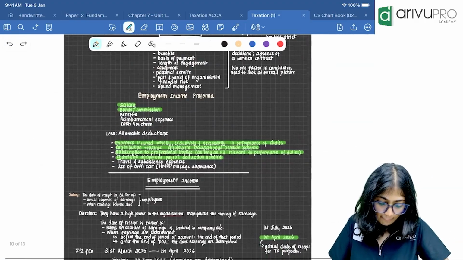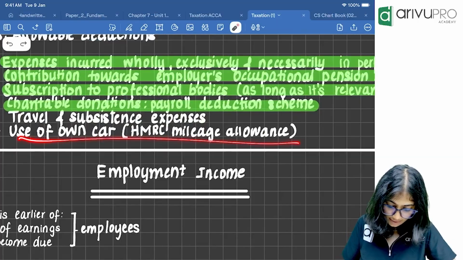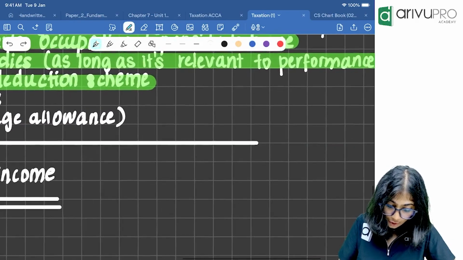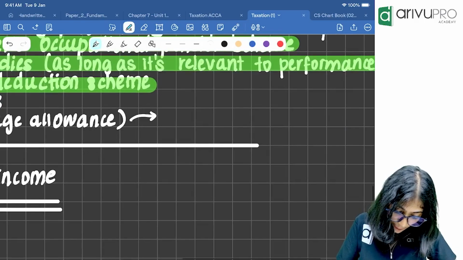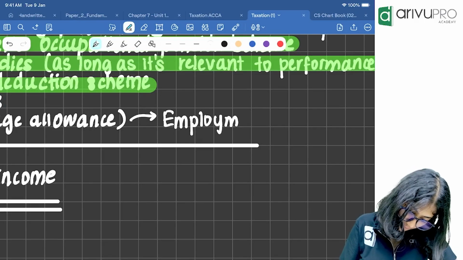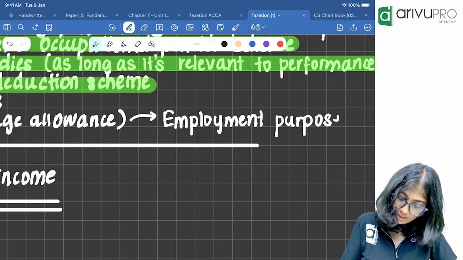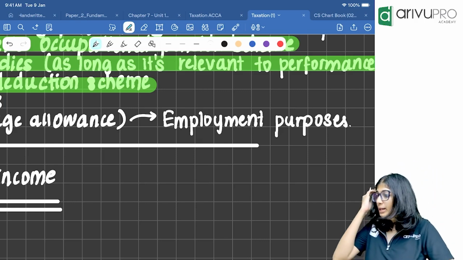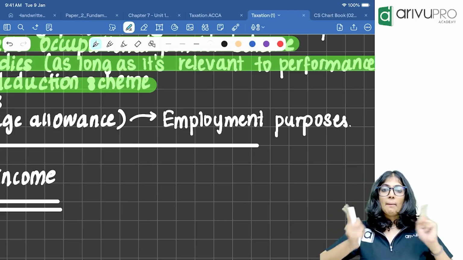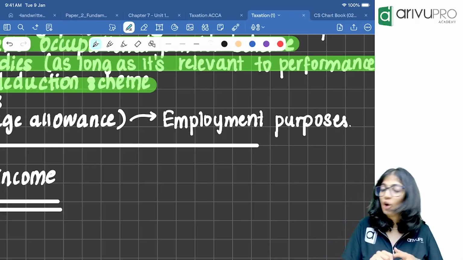Then you're going to be like, ma'am, what does this mean? Use of your own car. That is, using your own car for employment purposes, again not for ordinary commuting.